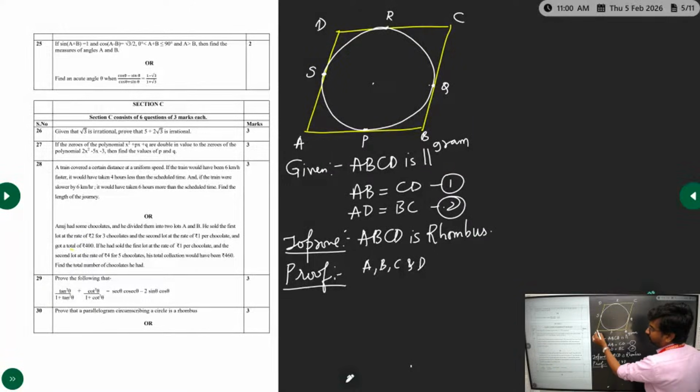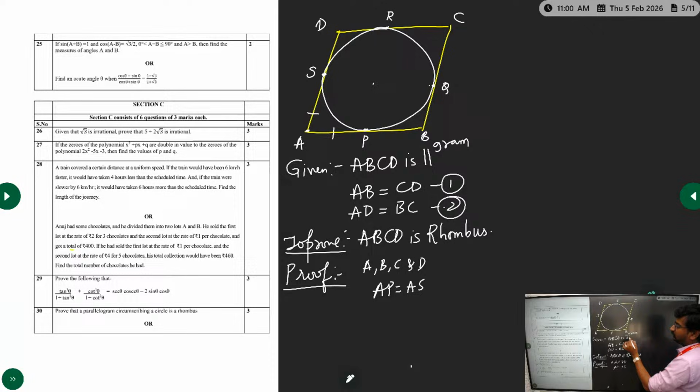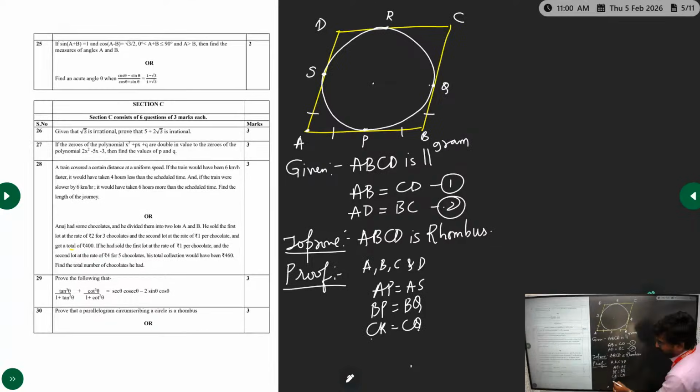Now see here. When I go for external point A, AP will be equal to AS. That's why I marked it here. Next, BP will be equal to BQ. CR is equal to CQ. I will mark this as Roman number 1.